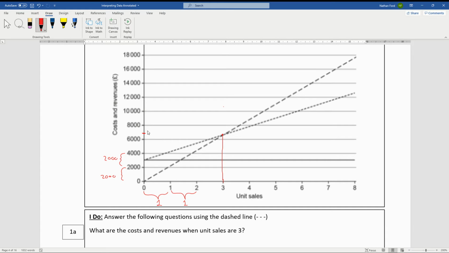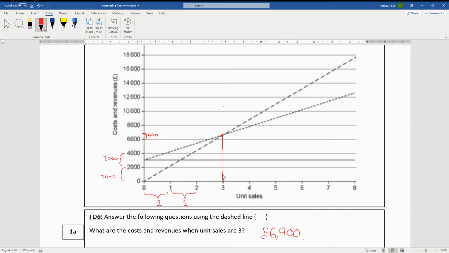Now, we want to go up just less than half of that. Just less than half of 2,000 is about 900 up. So what are the costs or revenues when we have 3-unit sales? It's going to be 6,000, because that's this line, plus 900. So that's going to be 6,900 pounds.